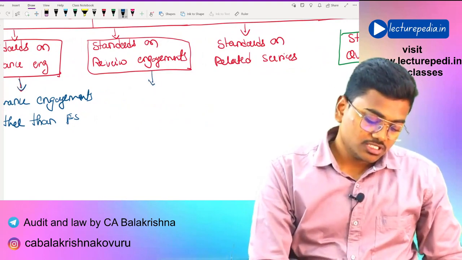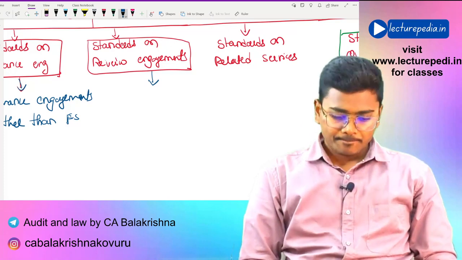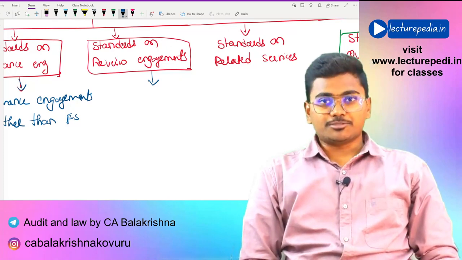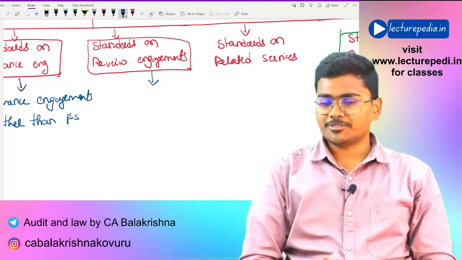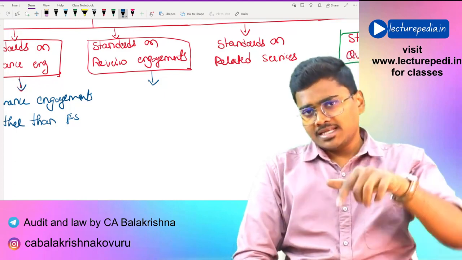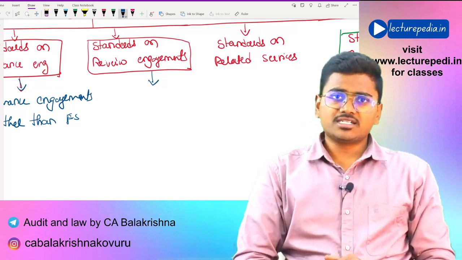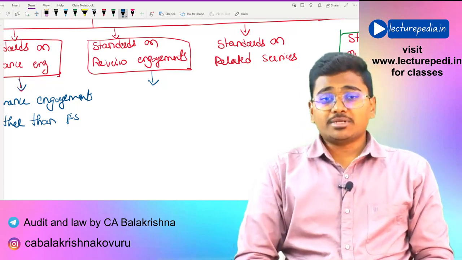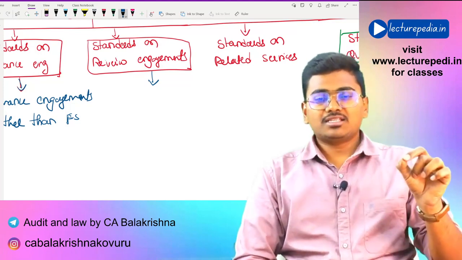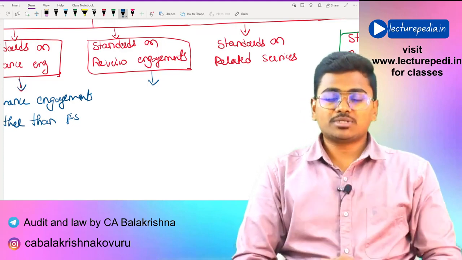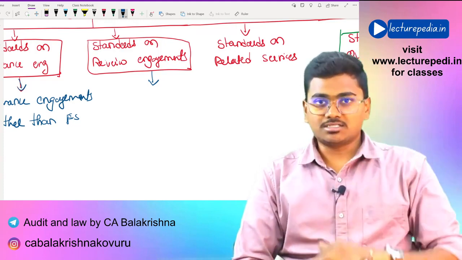Next, standards on review engagement. What is this? If you have done your proper articleship, not a dummy articleship, and you have audited a listed entity, there is a requirement to conduct a limited review. Every 3 months, a limited review has to be conducted and the limited review report has to be submitted to the stock exchange.